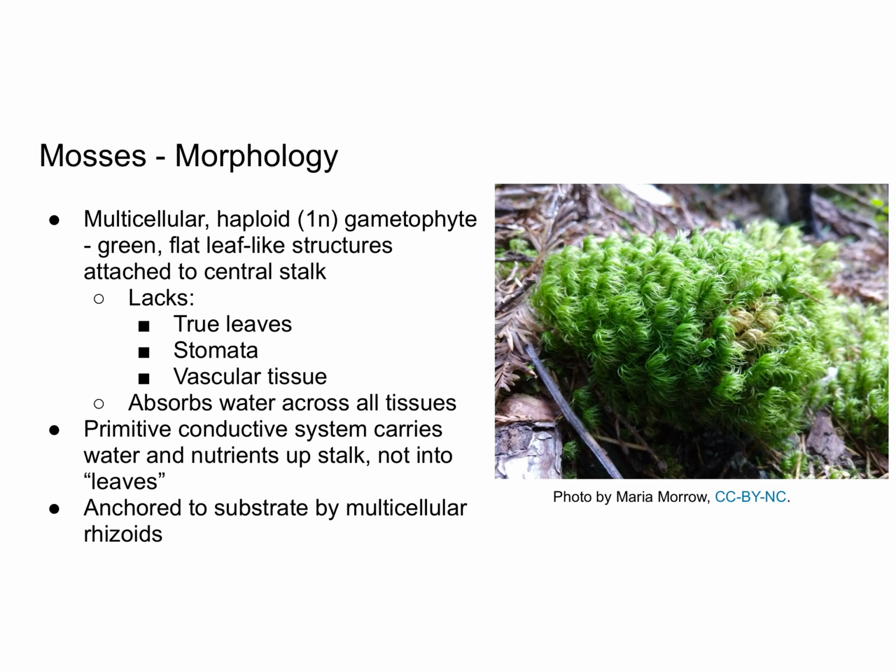So if we take a closer look at the morphology of mosses, remember morphology just means the structure. So in mosses, the multicellular haploid gametophyte generation is the more dominant one.